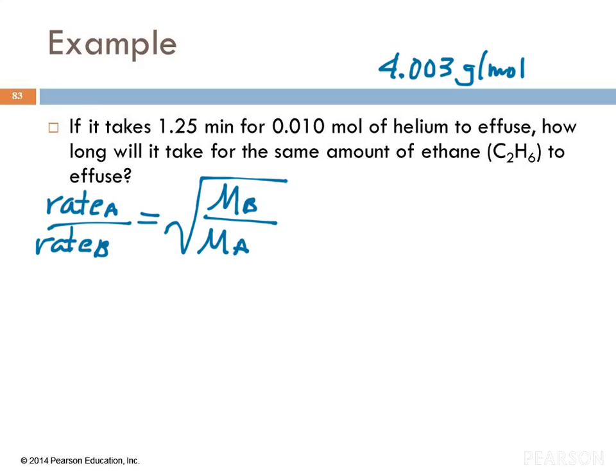No, it wouldn't, because the kilos are going to cancel out too. So we can just go ahead and use grams per mole here. What about ethane? 2 carbons times 12.01 plus 6 hydrogens times 1.008 equals 30.068 grams per mole.